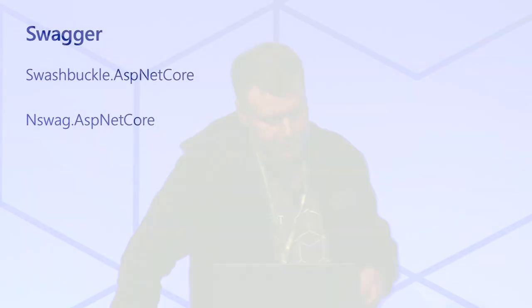And a little bit about Swagger. There are two packages in .NET Core, Swashbuckle and NSwag. Both of them are very simple to integrate. You can install the package and you can add just something into your startup file.